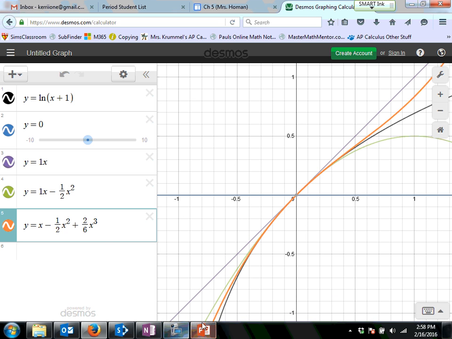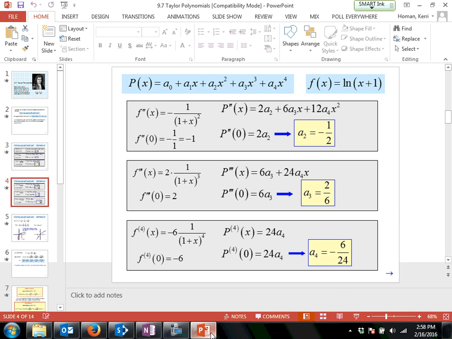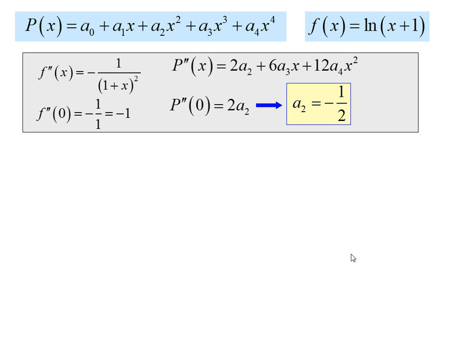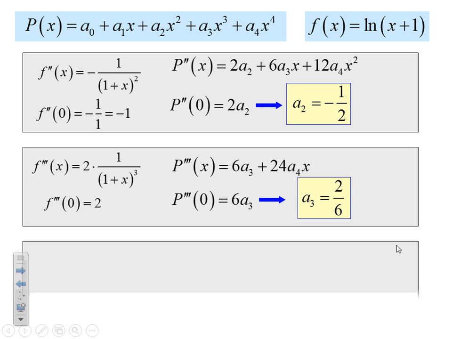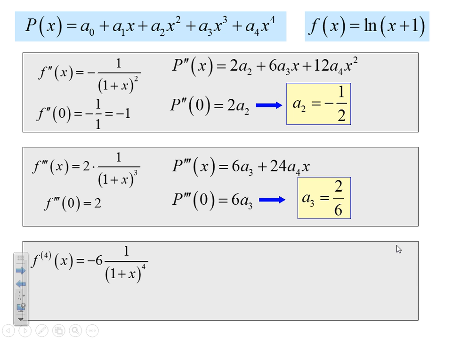So now, last but not least, let's get our coefficient of x to the 4th. We know that our 4th derivative, evaluated at 0, is -6. The 4th derivative of our polynomial is 24a sub 4.